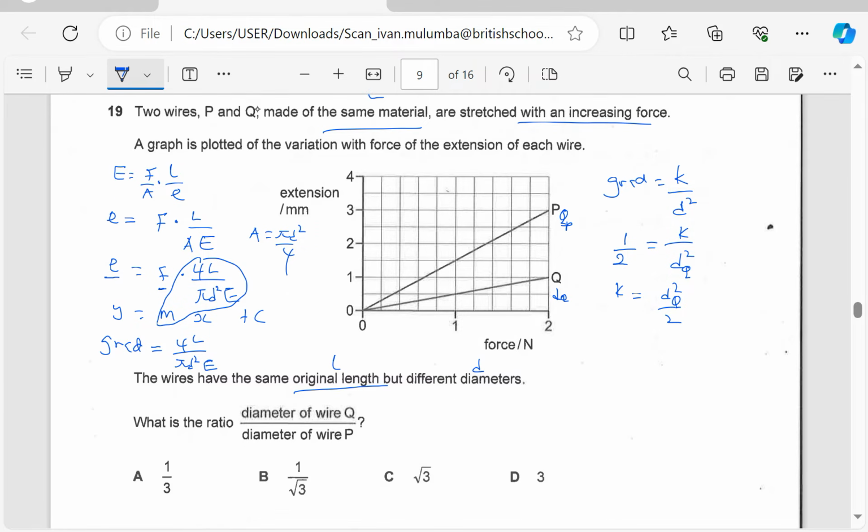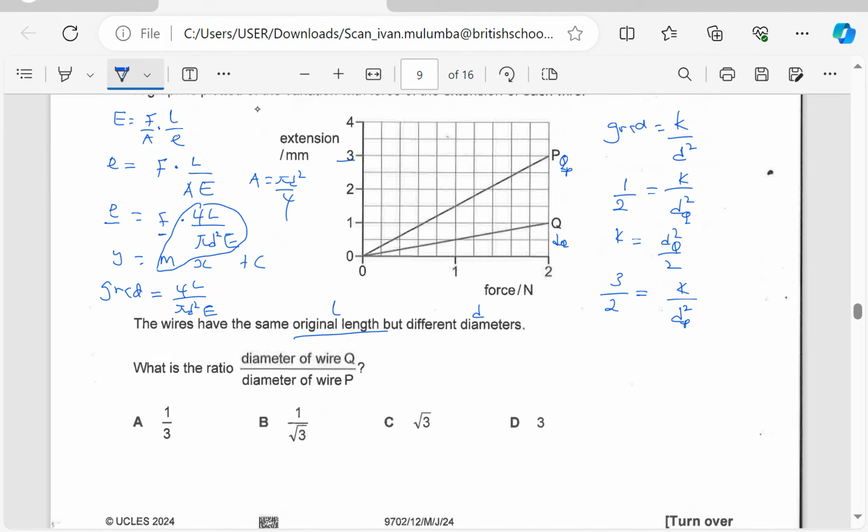Let's check the gradient for P. For P, it is 3 minus 0, which is 3, divided by 2 minus 0, which is 2. This is equal to a constant divided by diameter of P squared. Remember, we know what K is, so 3 times diameter of P squared divided by 2 is also equal to K.